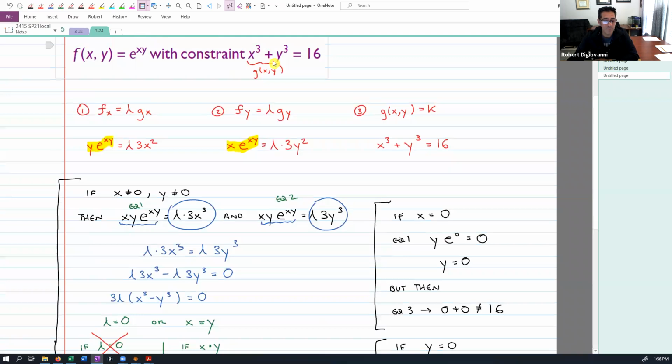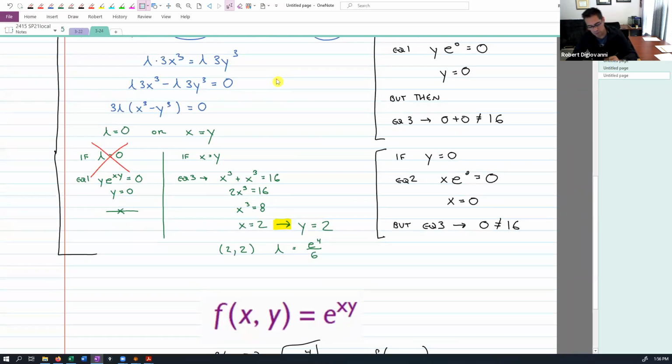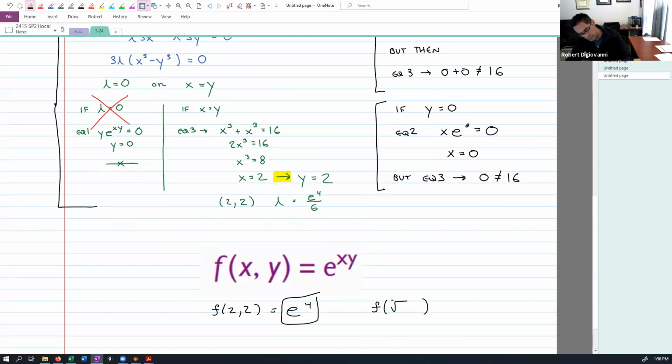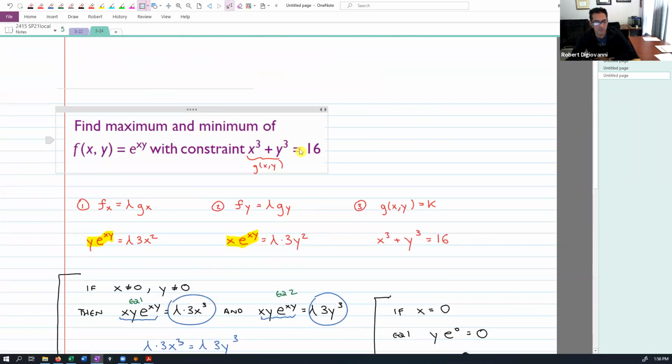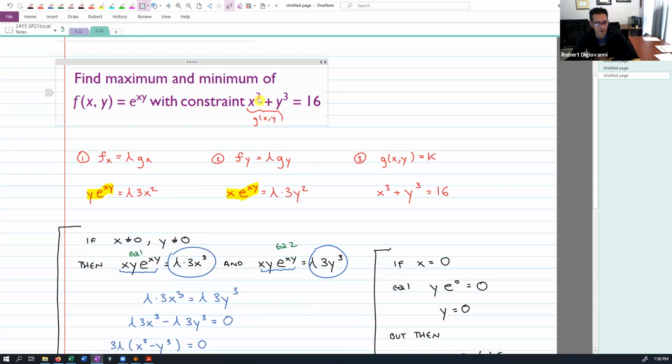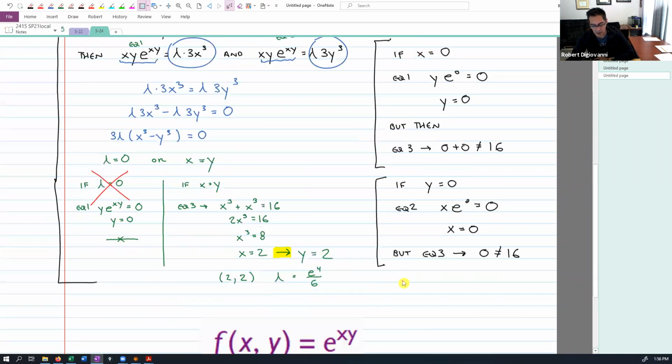So how about cube root of 16, 0? Do you all agree that that point is in here? Yes? So what happens if I take the cube root of 16 and cube it? I get 16 and then 0 here. So that would satisfy that equation.